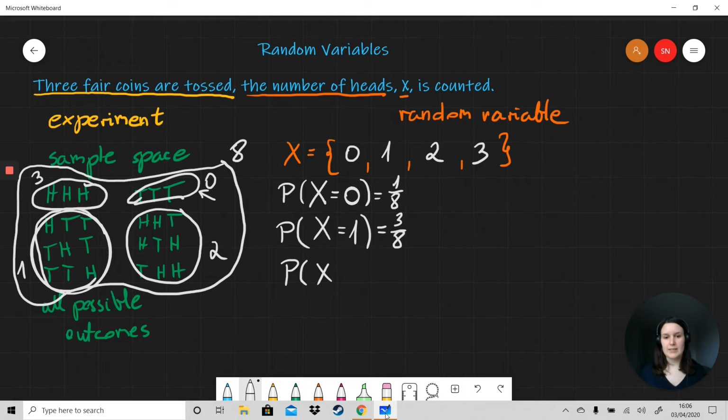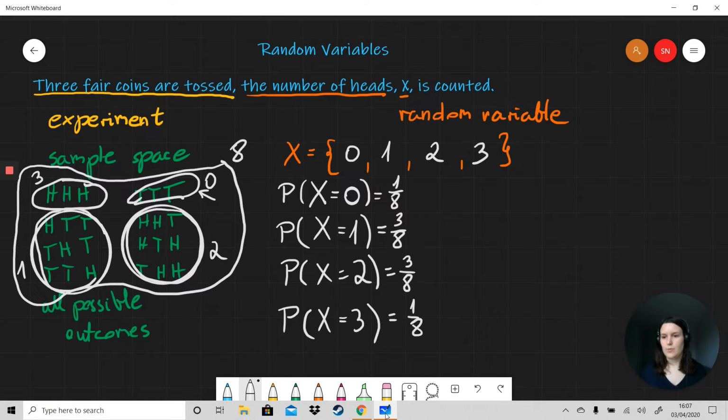Then the probability that it is 2 is the same here. So it's also 3 out of 8, and the probability of 3 heads is 1 out of 8. Only 1 result out of 8 results is 3 heads. If I present all of these probabilities in a table, it will be the probability distribution.